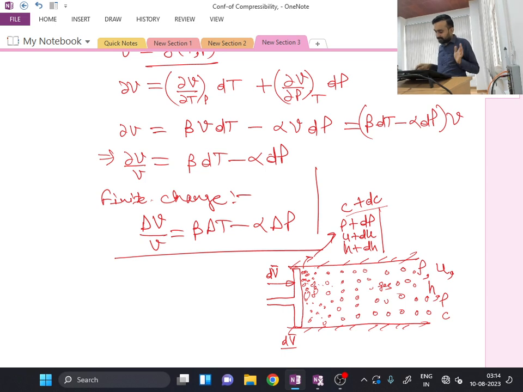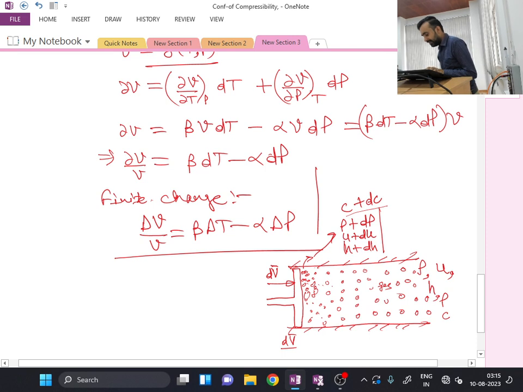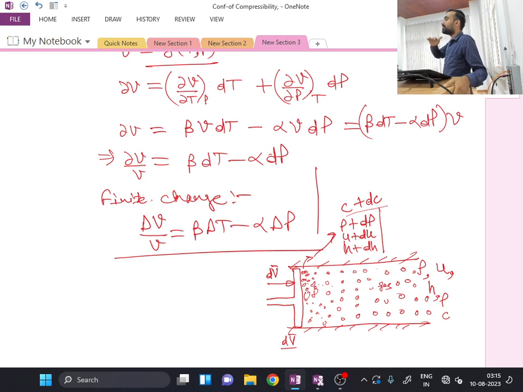Okay, so that is something which I am trying to say over here, that whenever these immediately adjacent molecules feel that something is pushing them from the back, these molecules will pass this information forward. But when they pass this information forward, obviously this is a situation equivalent to that of a sound wave, so they will be passing the information at the speed of sound.